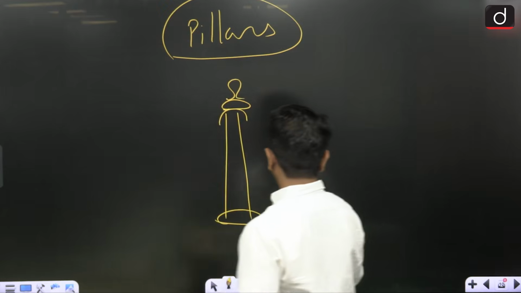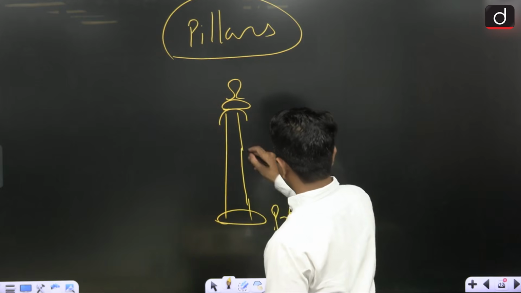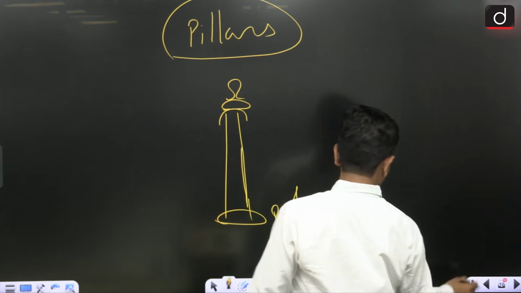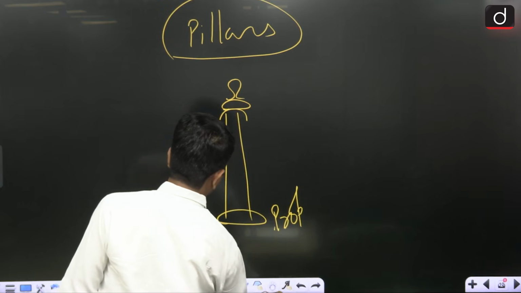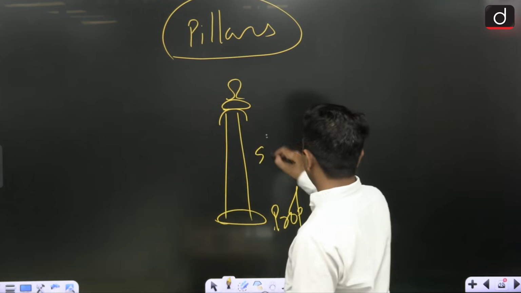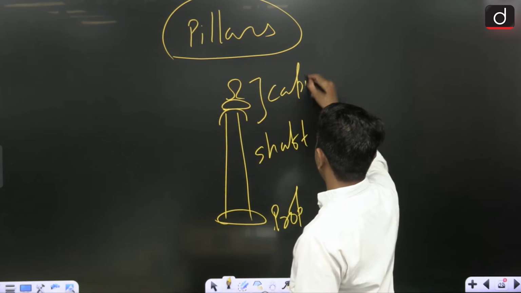This is the prop area. This is the shaft area, the shaft, and this is the capital.